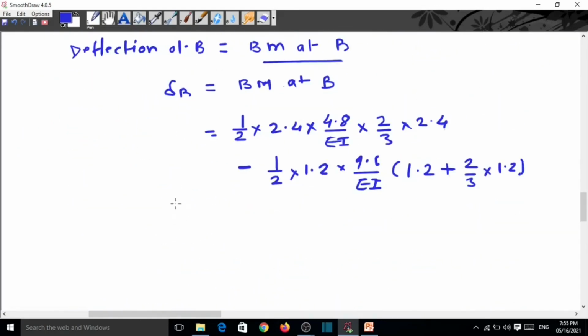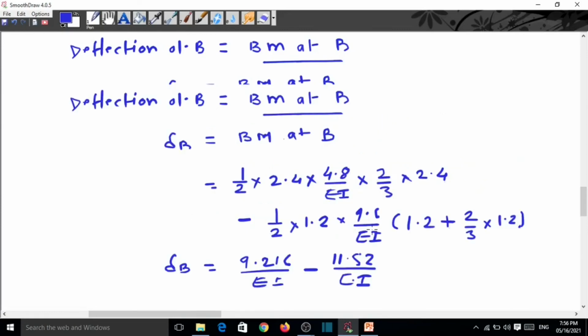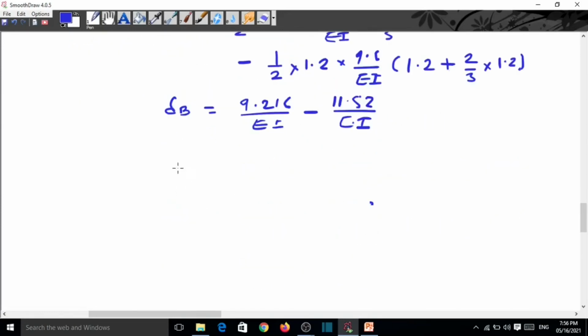So this delta B becomes 9.216 divided by EI, and this becomes minus 11.52 divided by EI. So final answer is the delta B is equal to minus 2.304 divided by EI, kilonewton meter cube.